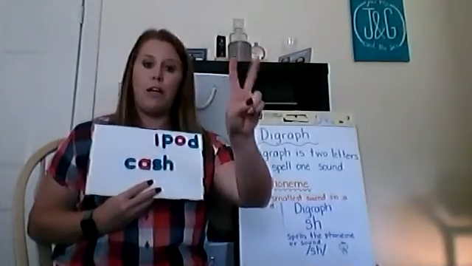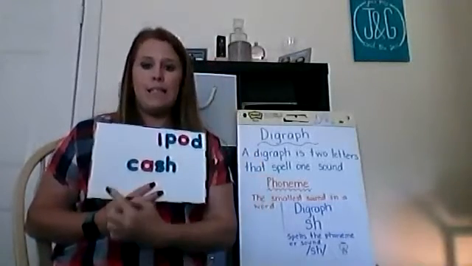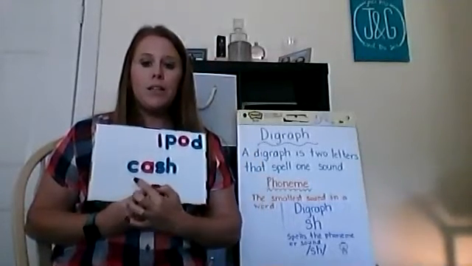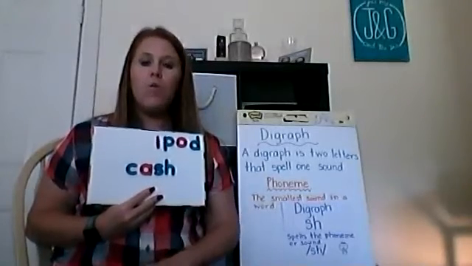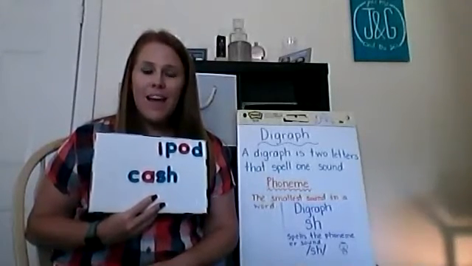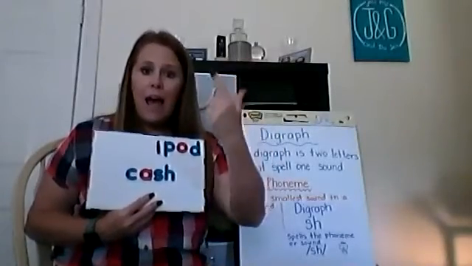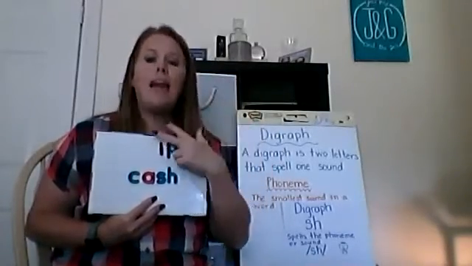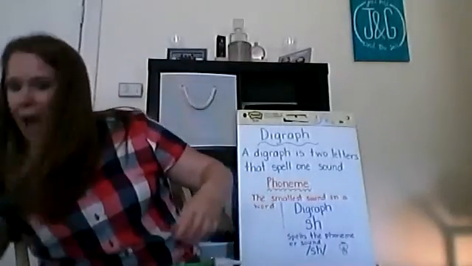So those two letters come together to make one sound, shh. So let's sound out our word. K, a, shh. What word is that? Cash. Good. So k, a, shh. Cash. Good. So let's write our word, cash.